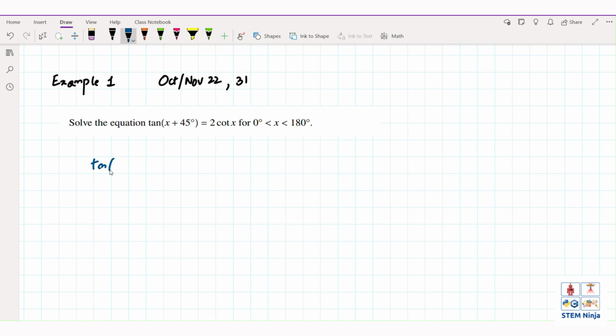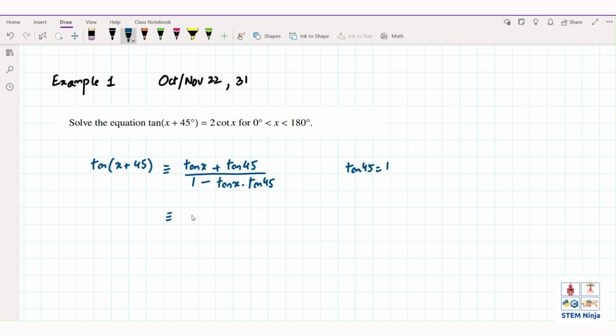So tan of x plus 45, we expand it as tan x plus tan of 45 divided by 1 minus tan x tan 45. Now tan of 45 is equal to 1.